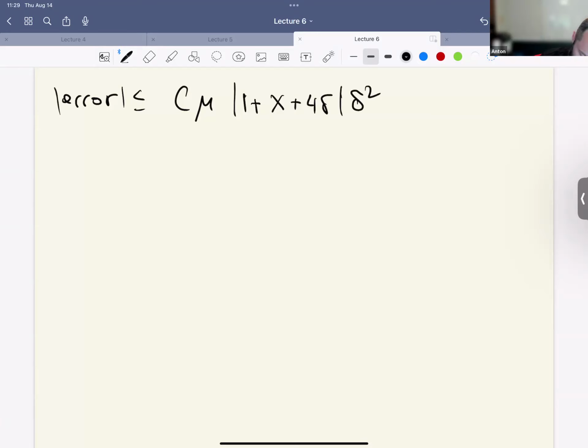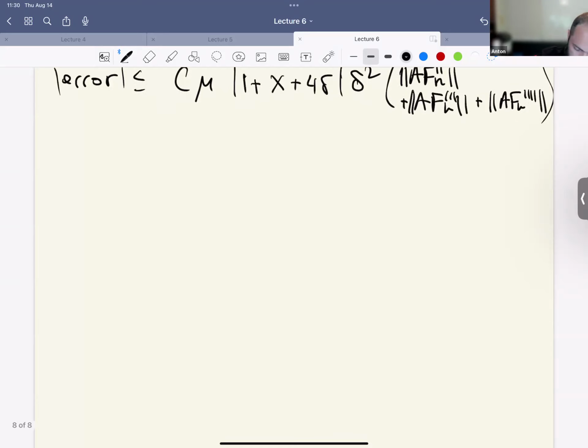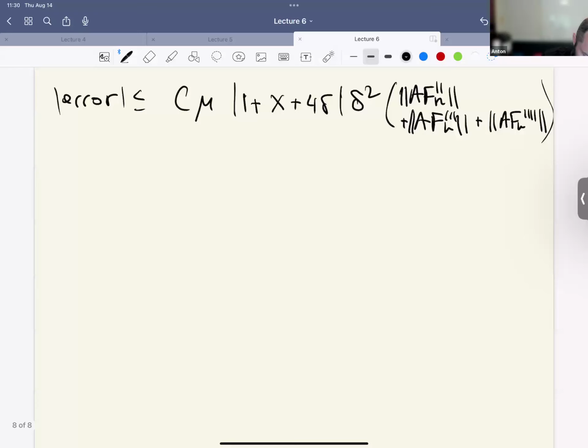Delta squared times f sub h double prime and A f sub h triple prime, A f sub h quadruple prime. Again.